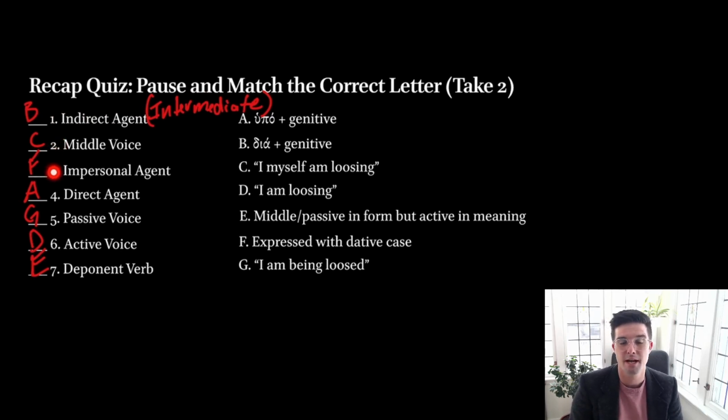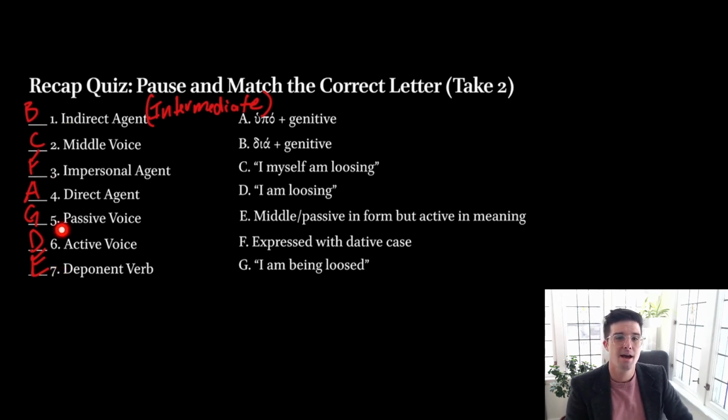The impersonal agent is the dative case, sometimes with the preposition "in." The direct agent is indicated by hupo plus the genitive. The passive voice: "I am being loosed." The action is happening to me. The active voice: "I am loosing." I'm doing the action. And a deponent verb is middle or passive in form, but active in meaning.